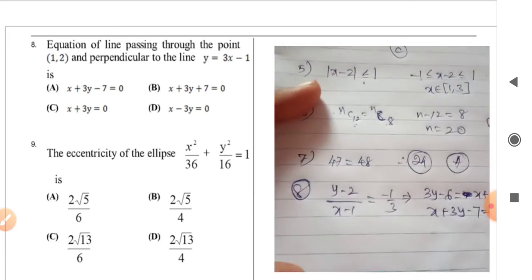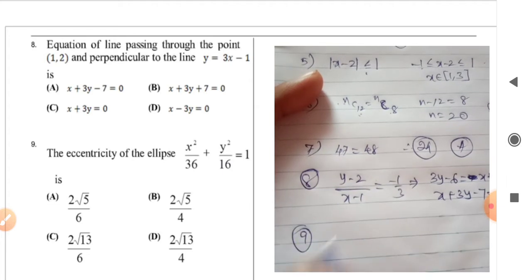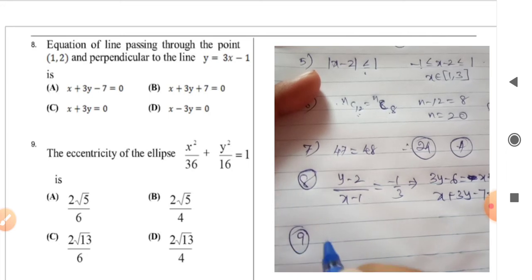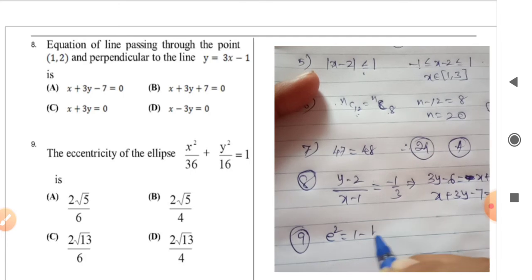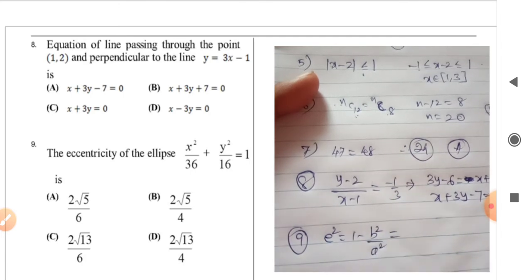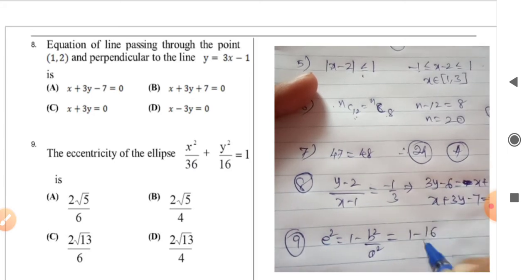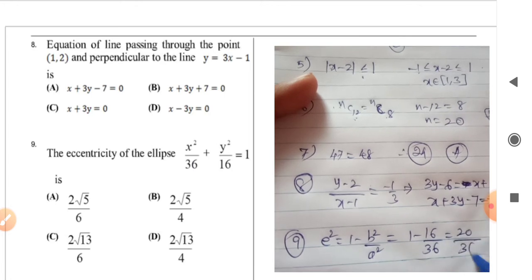Correct. Now I go for the ninth one. In the ninth question, they are asking for the eccentricity. You know very well the eccentricity of an ellipse is always given by e square equal to 1 minus b square by a square. So you know very well here a square equal to 36, b square equal to 16 is given for us. So you can say it is 1 minus 16 divided by 36, so you can say it is 20 divided by 36.